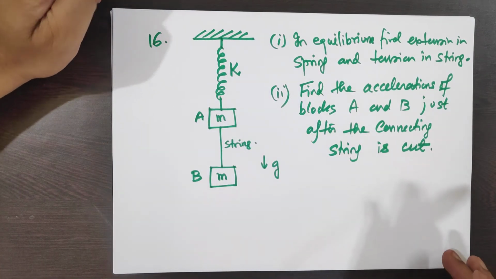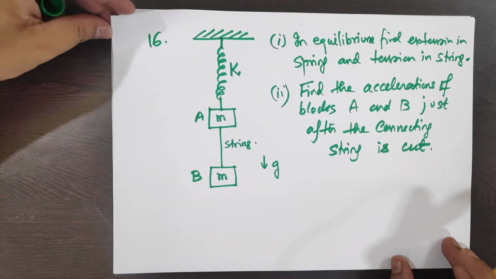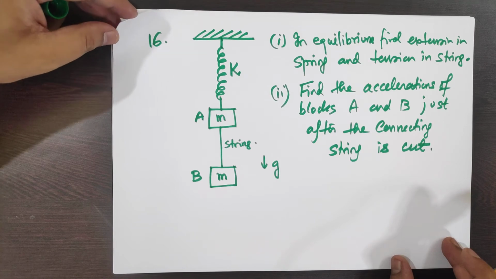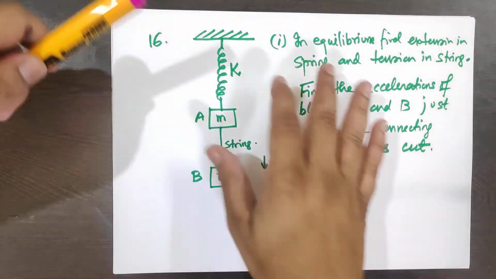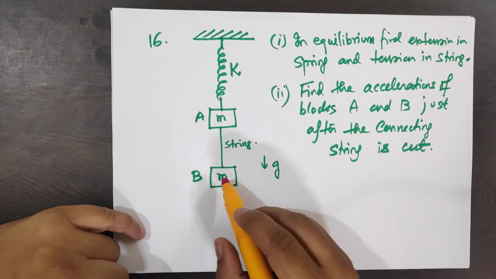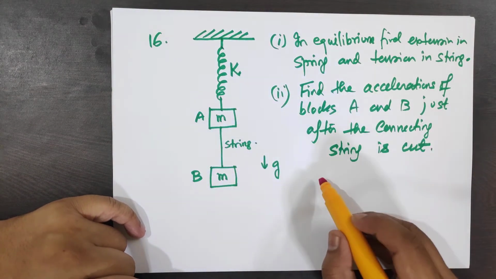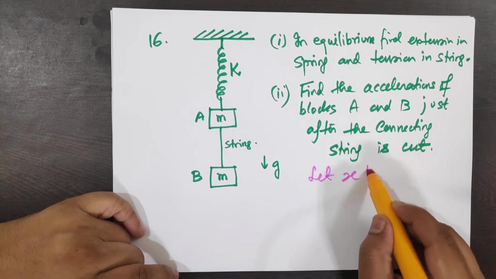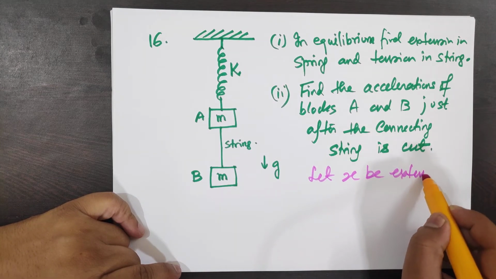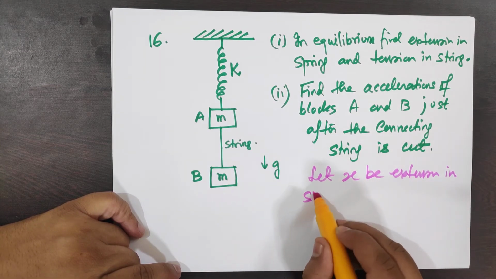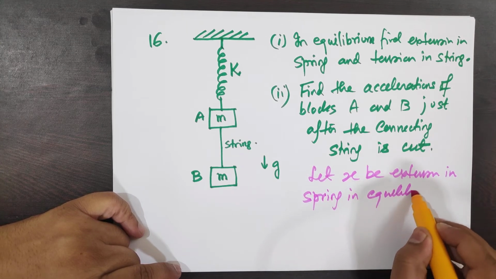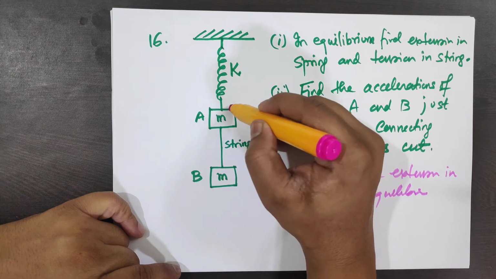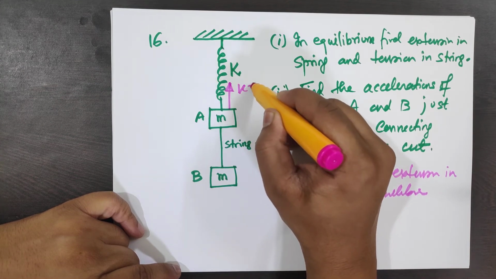So under this equilibrium condition, what are the forces and what are the accelerations? Obviously it has zero acceleration. Let x be the extension in the spring. In equilibrium, on this block the force is kx.